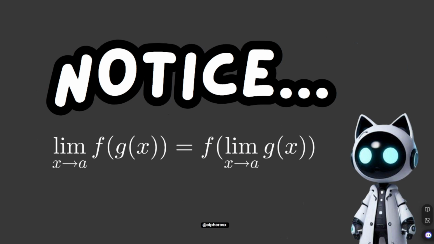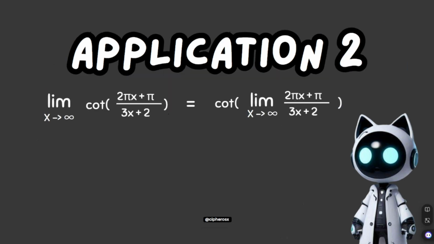Notice something really useful for avoiding this kind of complexity. This is like moving the limit inside of the function, and this gets even clearer, but knowing how the whole thing works helps us support this idea, and not just memorizing algorithms. So let's see the limit of cotangent with this rational function as x goes to infinity.